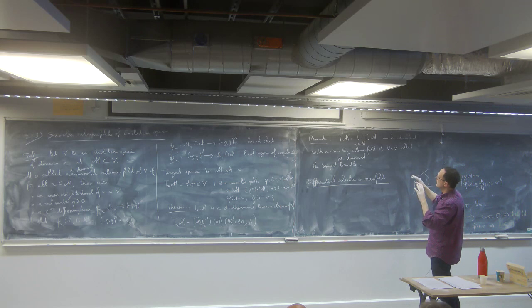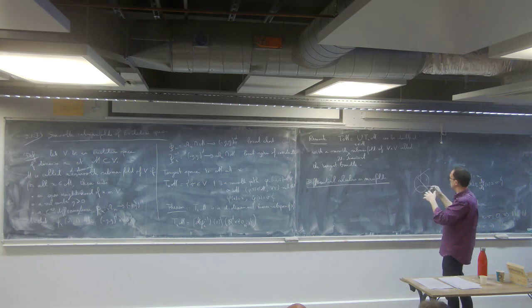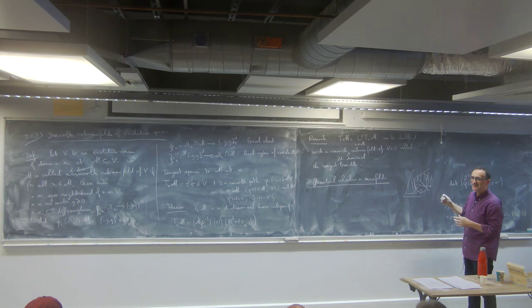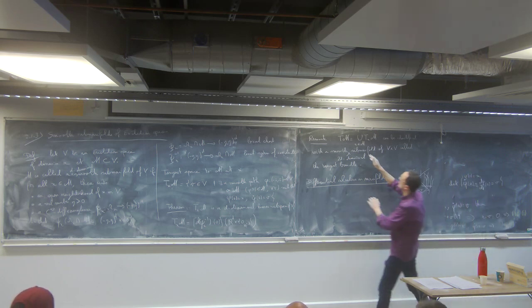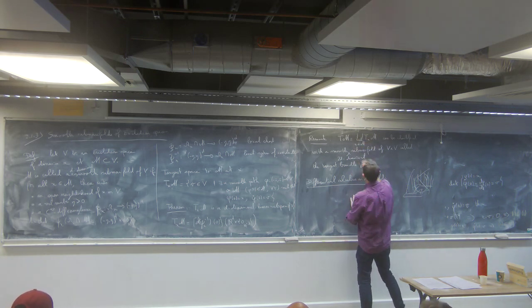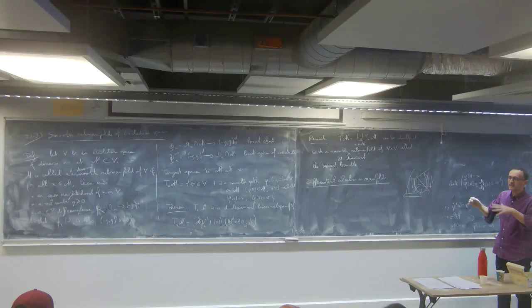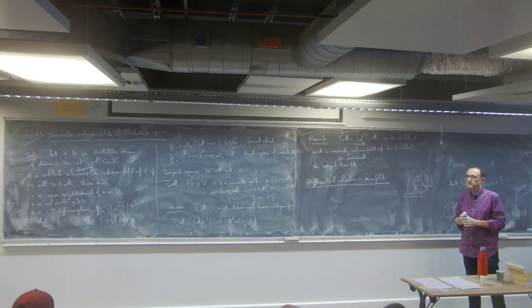It's a disjoint union, absolutely. So it's the disjoint union of all this, and this can be identified with a manifold of dimension 2d.